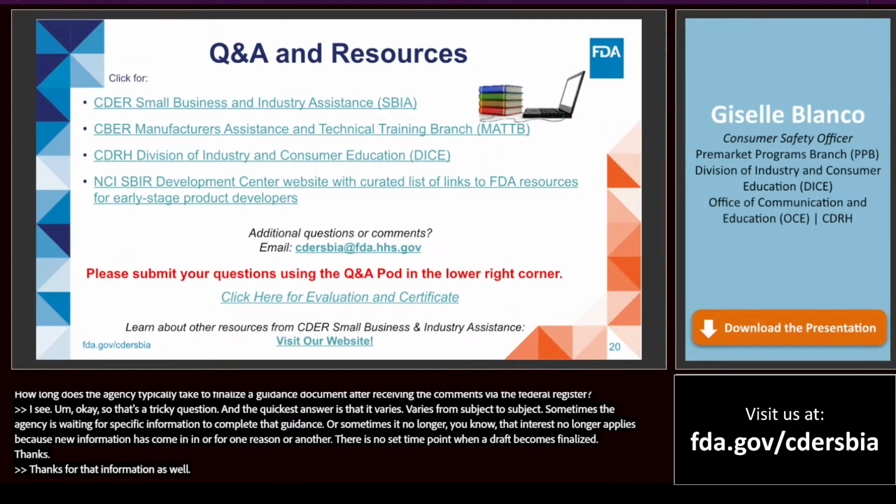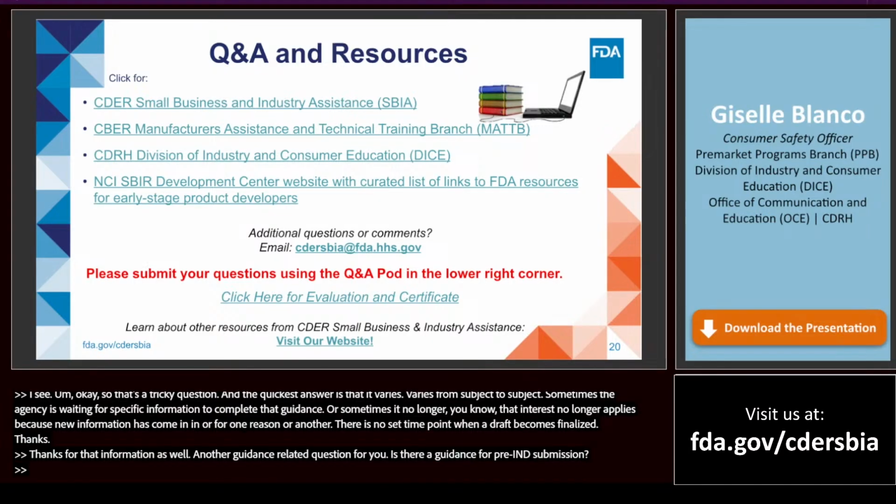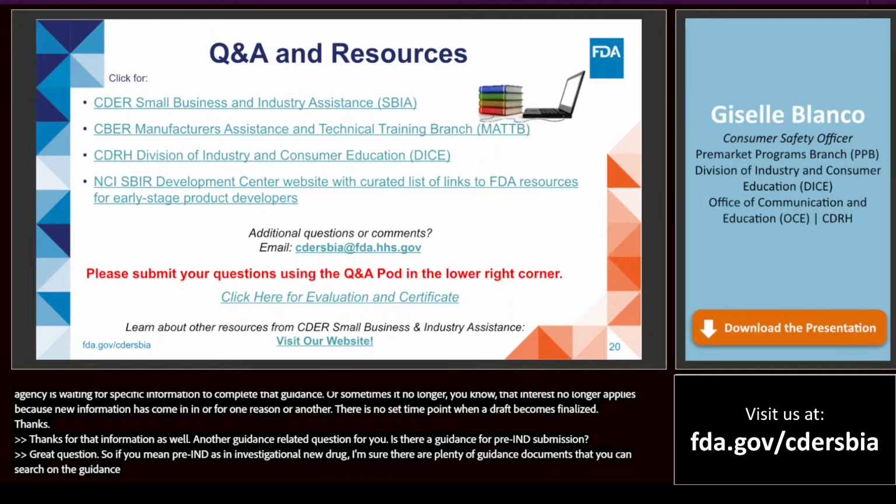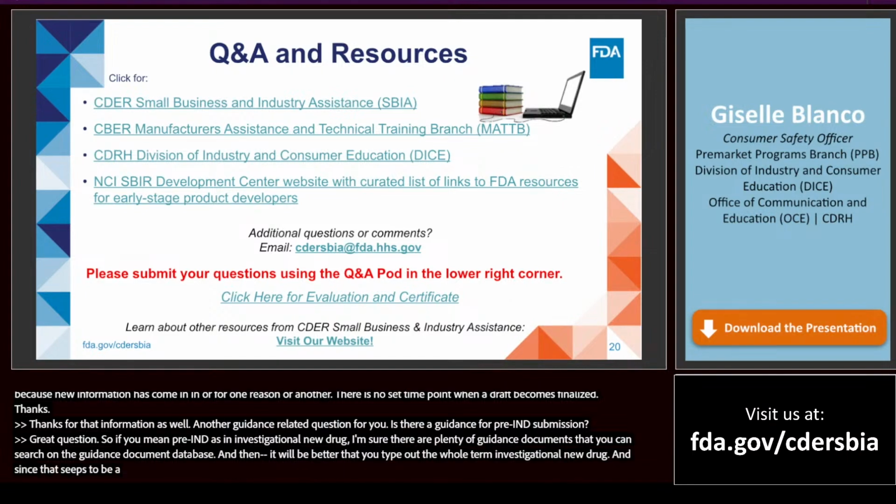Thanks for that information as well. Another guidance related question for you. Is there a guidance for pre-IND submission? Great question. So if you mean pre-IND as an investigational new drug, I'm sure there are plenty of guidance documents that you can search on the guidance document database, and then it'd probably be better that you type out the whole term investigational new drug. And since that seems to be a CDER dominant thing, you might want to select the organization for CDER.